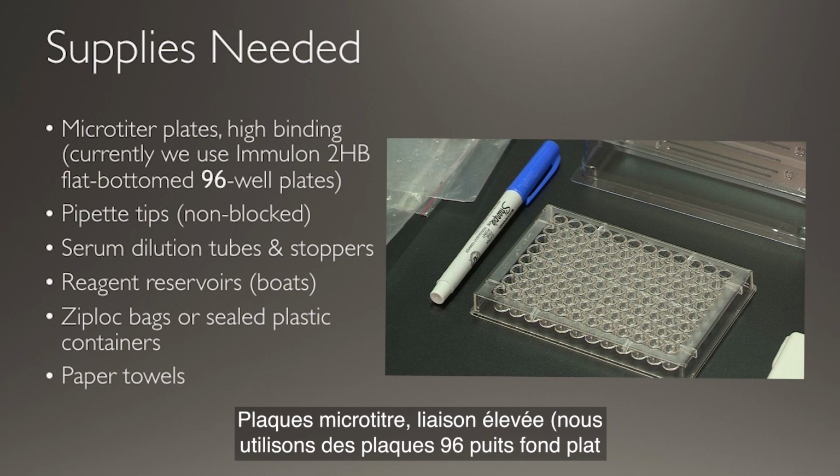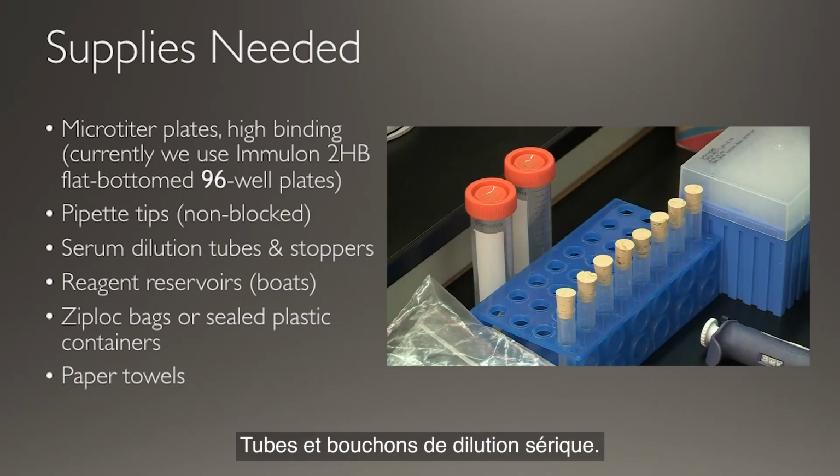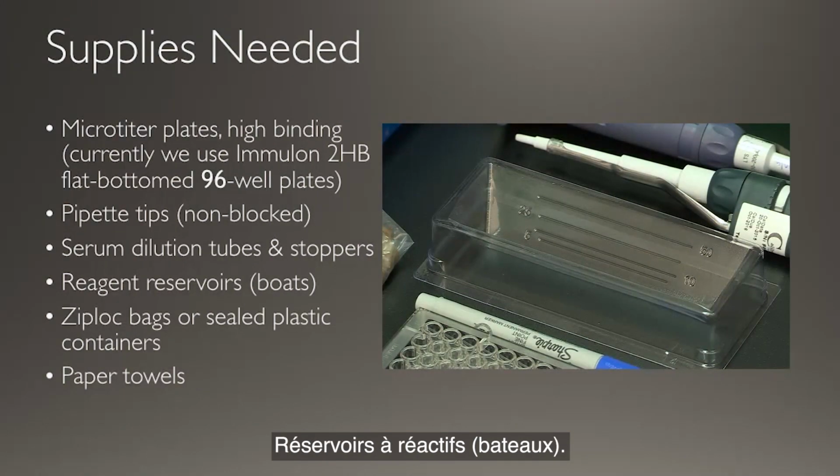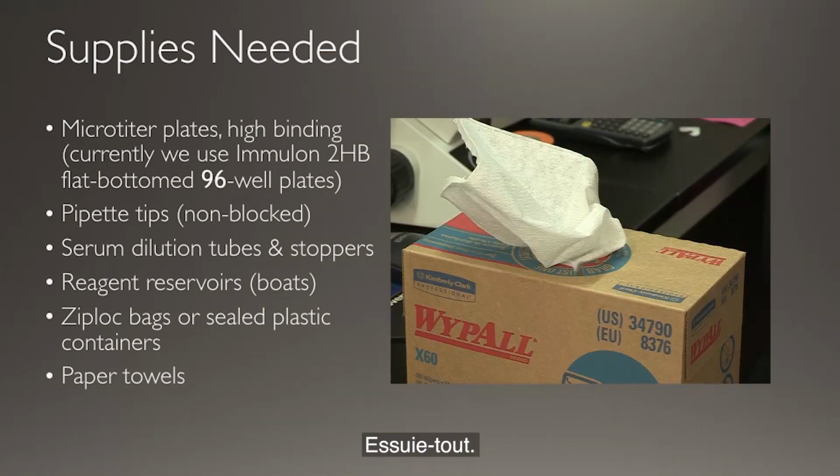Currently, we use Immulon 2HB flat bottom 96 well plates, pipette tips that are non-blocked, serum dilution tubes and stoppers, reagent reservoirs or boats, Ziploc bags or sealed plastic containers, paper towels. For details regarding reagents, please see the list referenced at the end of this video.